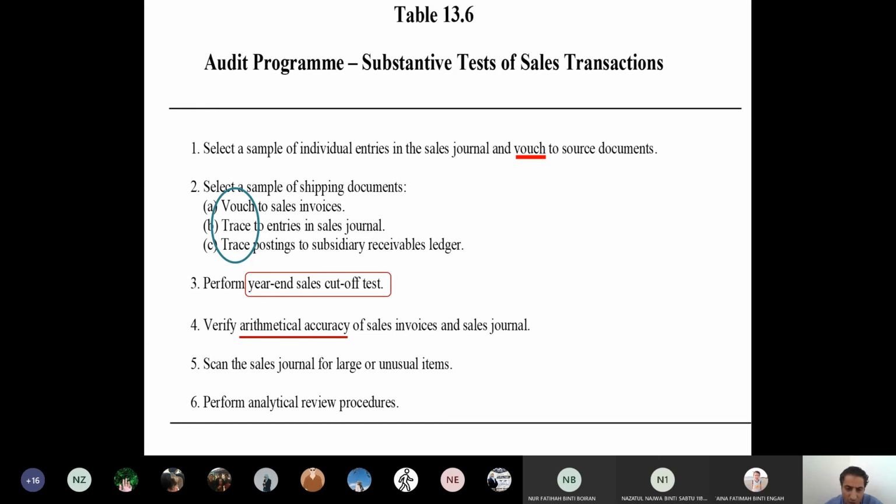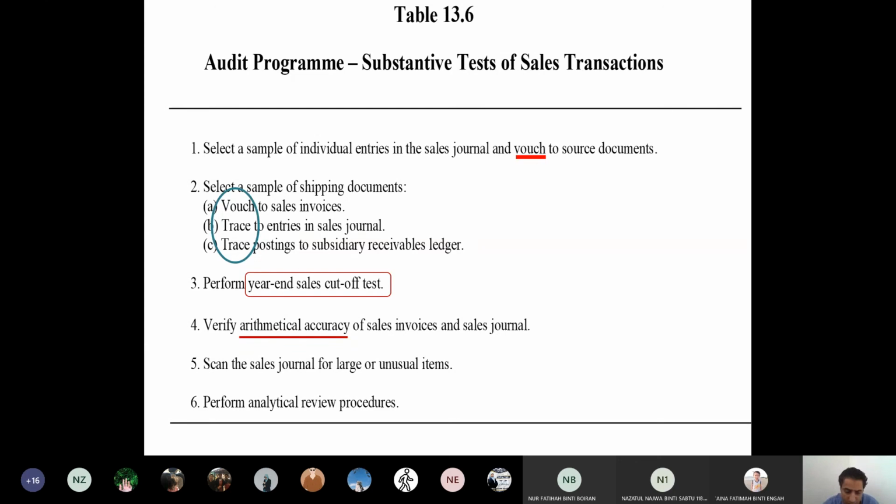Number 4, verify arithmetic accuracy. We are trying to check the accuracy of the sales invoice and sales journal. Number 5 is to scan the sales journal for large or unusual items. Here, we are doing the scanning, vouching and tracing for the unusual and large transactions. The reason is that we will not include big transactions within our samples, because they carry big amounts.